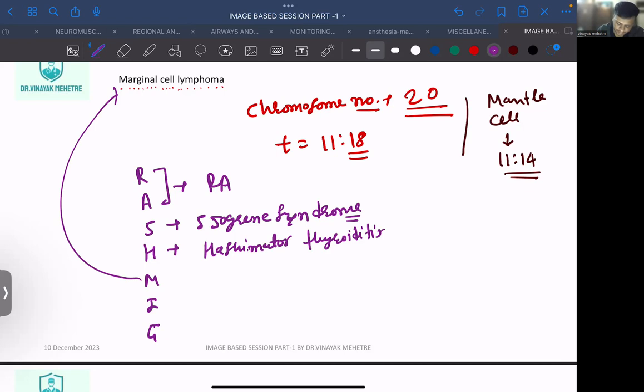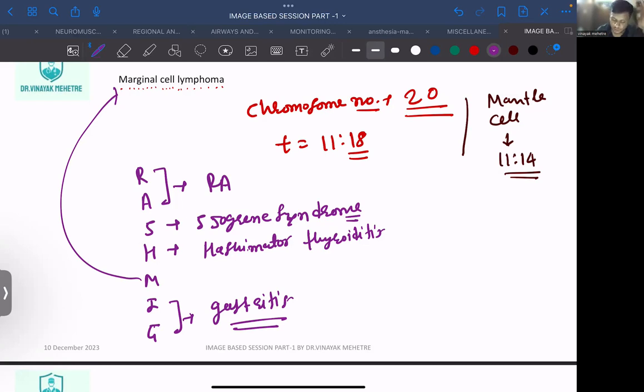IG stands for gastritis, inflammation of GIT. So a patient with gastritis will have marginal cell lymphoma. If you remember all the lymphomas we have studied till now, did infection come anywhere? No, right?